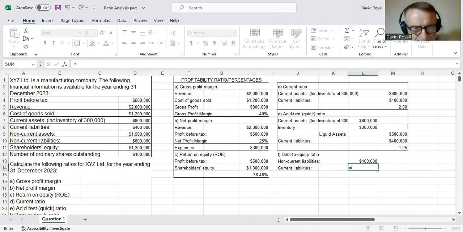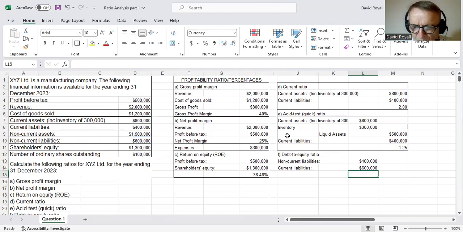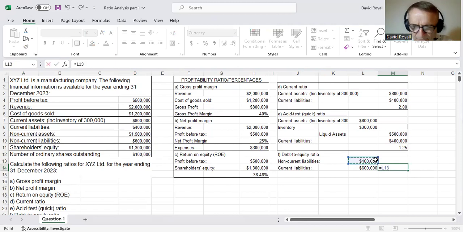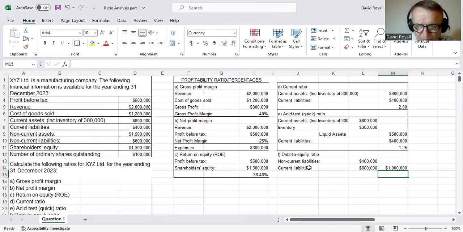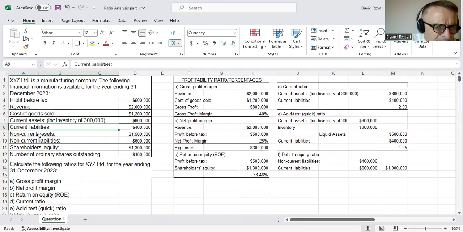Non-current liabilities, right? I've taken the wrong figure. That's why it's important to read this carefully. So what I've actually got is 1 million borrowed money. Liabilities is the key word I want.